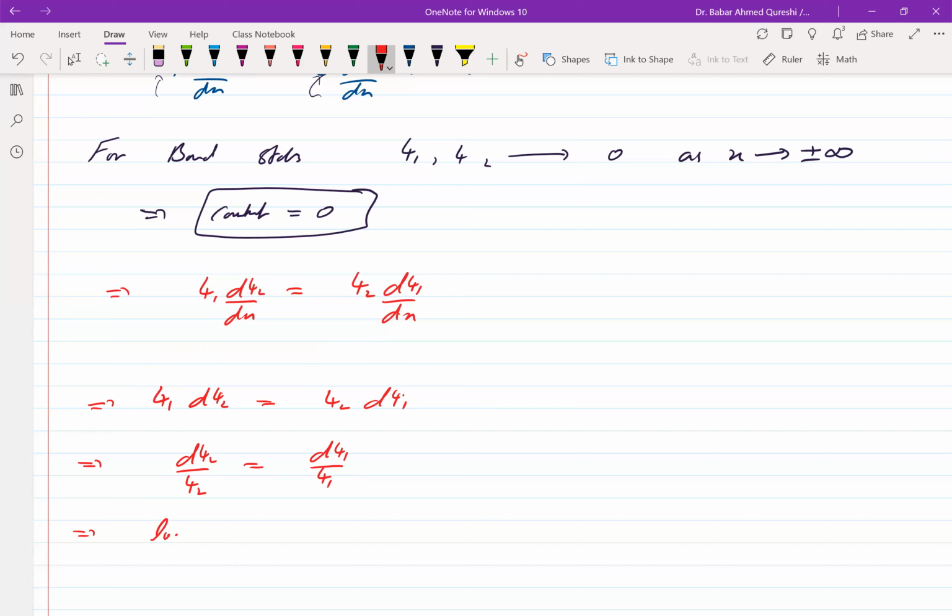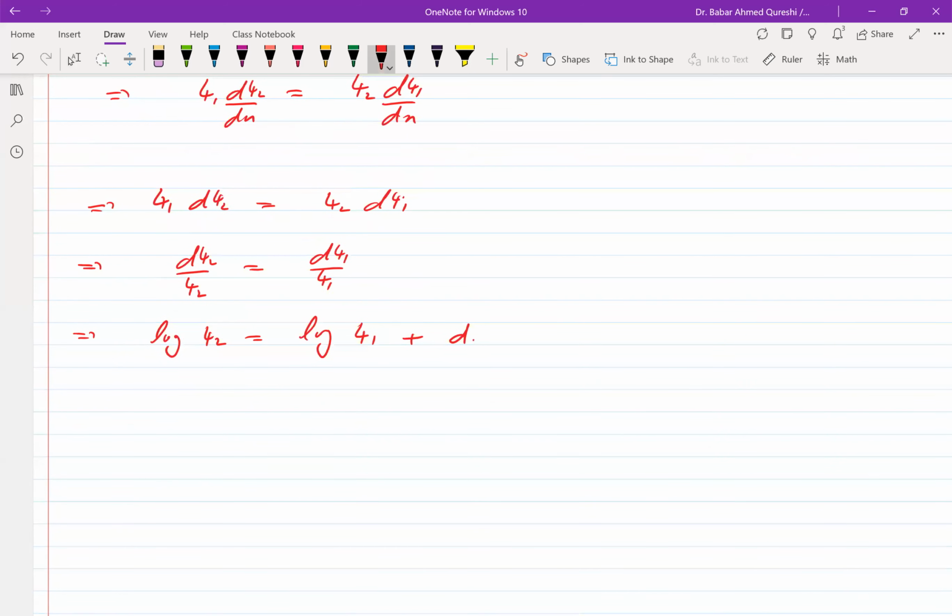And this gives me log of psi 2 is log of psi 1 plus a constant d. And that gives me psi 2 is equal to e to the d times psi 1.